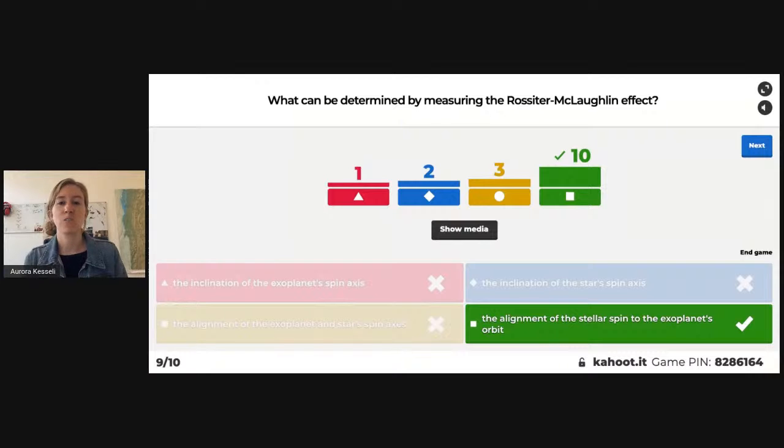Okay, great. Yeah, so by measuring the Rossiter-McLaughlin effect, we can determine the alignment of the star's spin and the exoplanet's orbit.